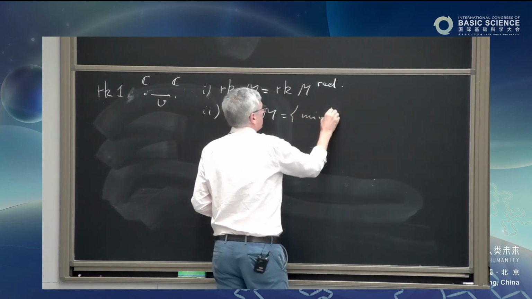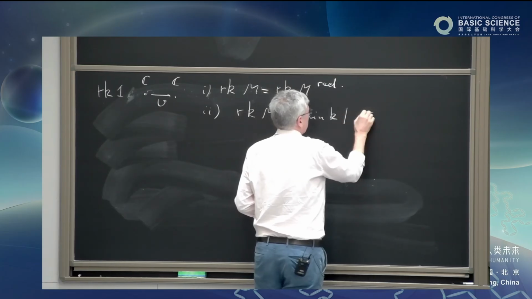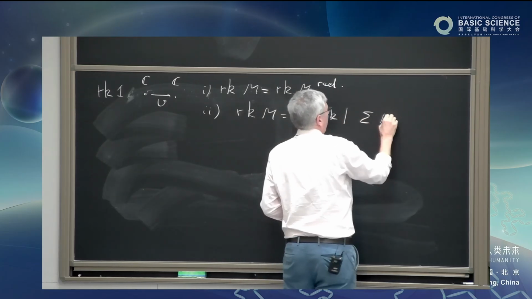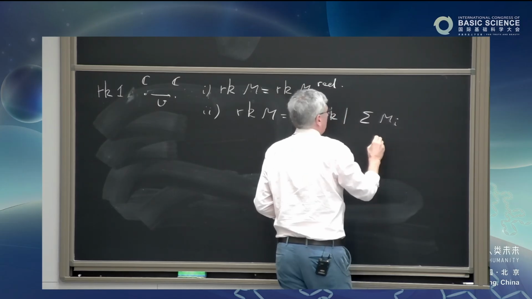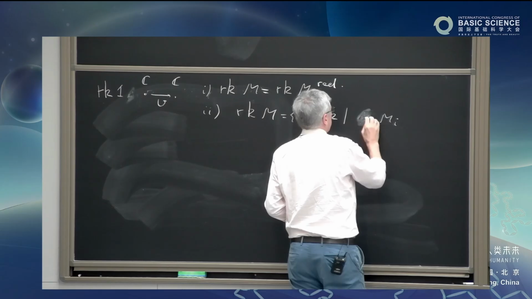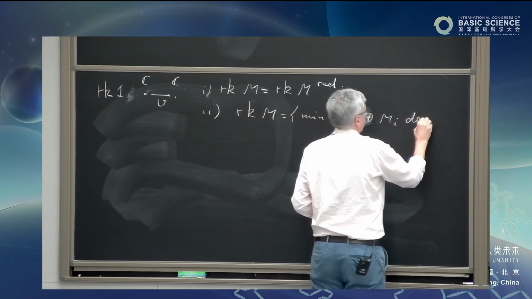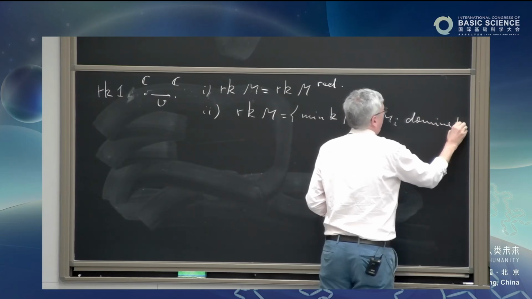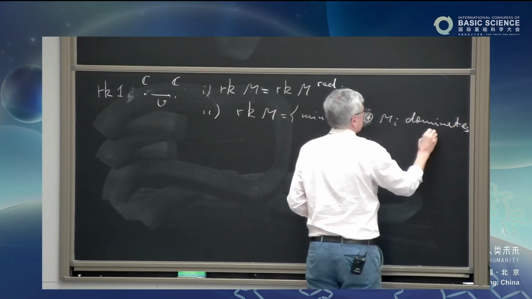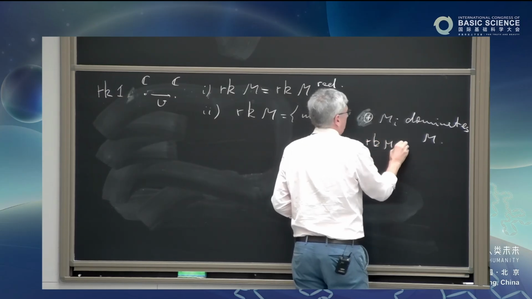the minimal k such that the direct sum of mi's dominates M such that rank of mi is 1.